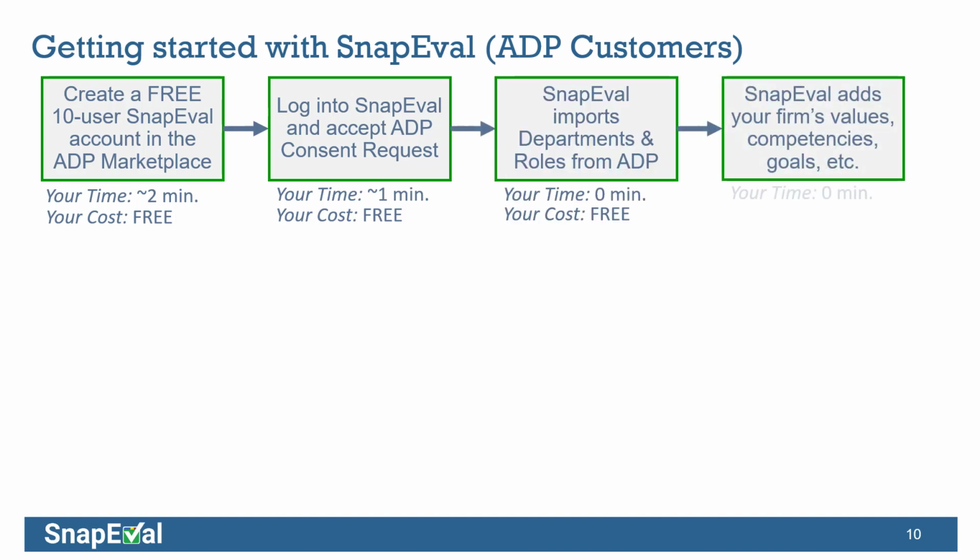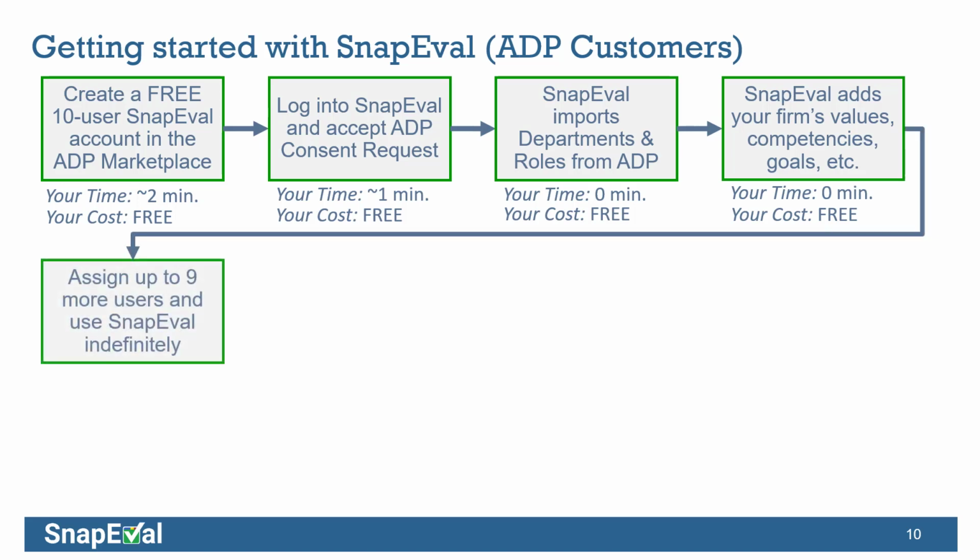So you'll accept the consent request form, we'll import the departments, we'll add your corporation's values and competencies if you'll provide those to us. And again, you can use that free 10-user account as long as you like.